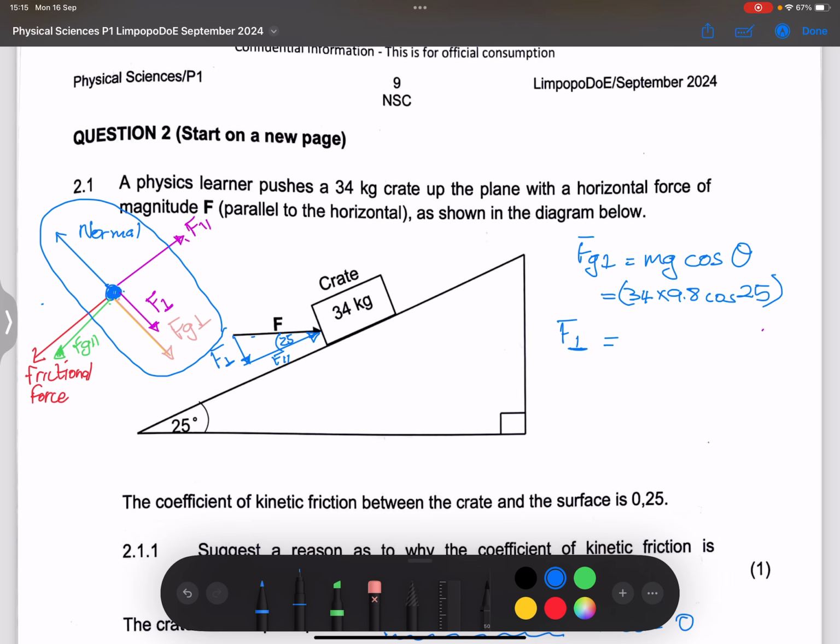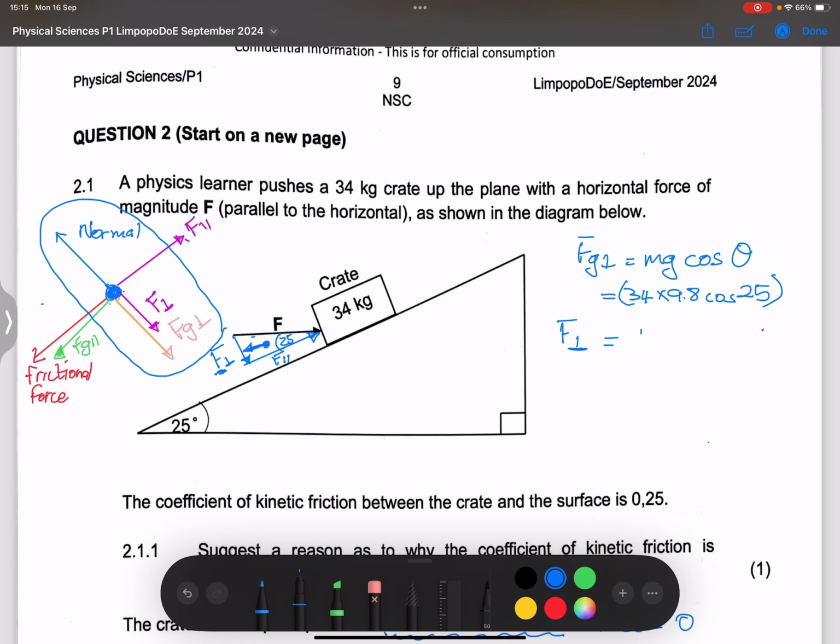So the angle there is 25 degrees. Now, if you look at the perpendicular component, it is on the opposite side of this angle, so this is going to be the sine.